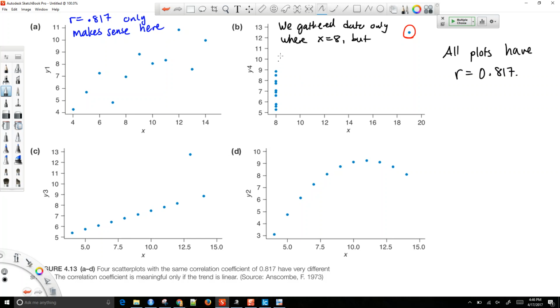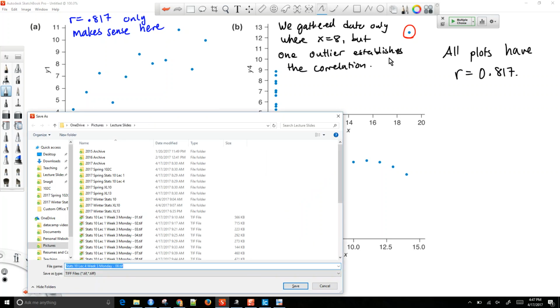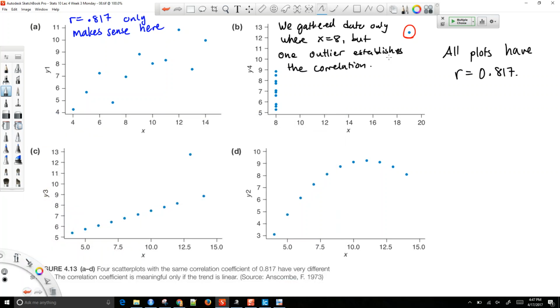One outlier establishes the correlation. And that does not make sense, okay? Or this is a bad idea to do something like this, okay?